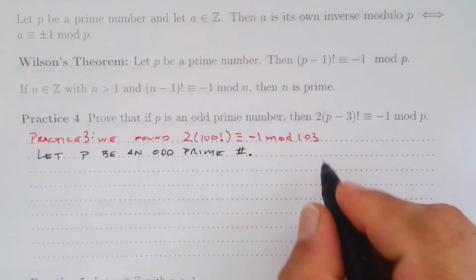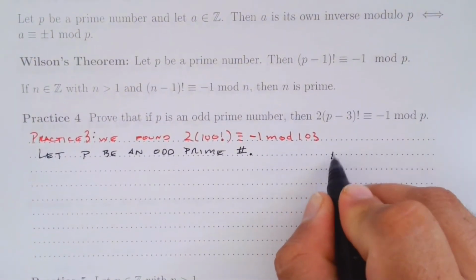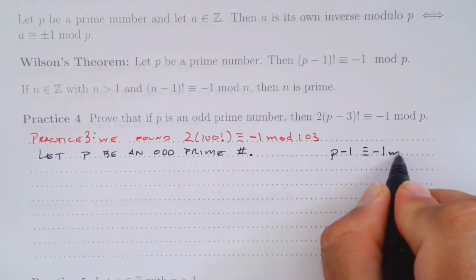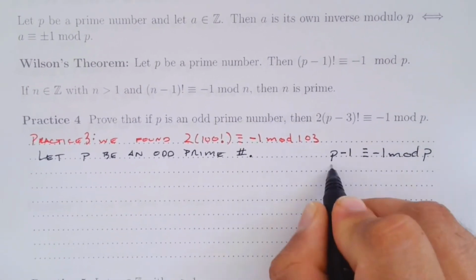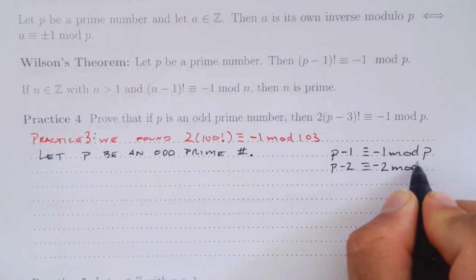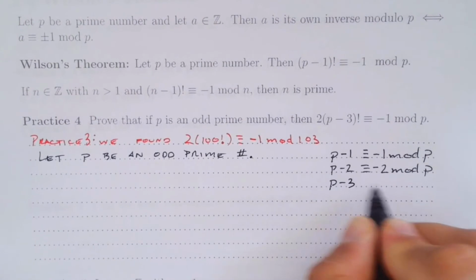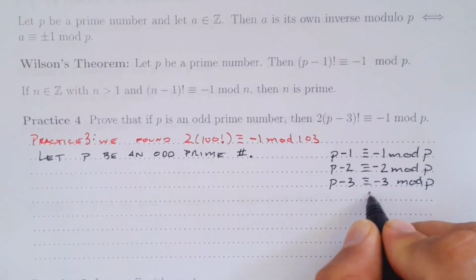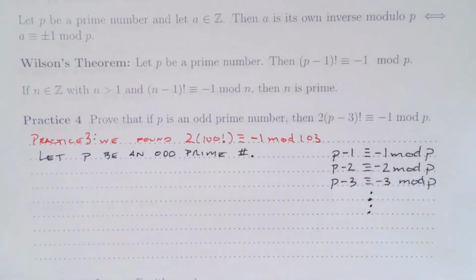Now, it is very important that we know that p minus 1 is equivalent to negative 1 mod p, that p minus 2 is equivalent to negative 2 mod p, that p minus 3 is equivalent to negative 3 mod p, and so on and so forth.